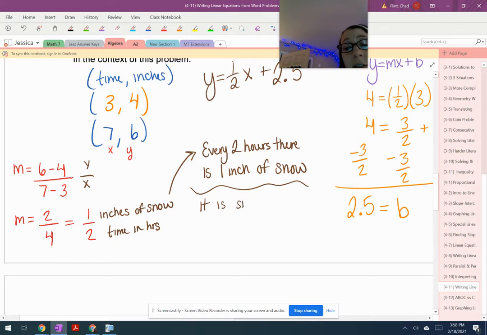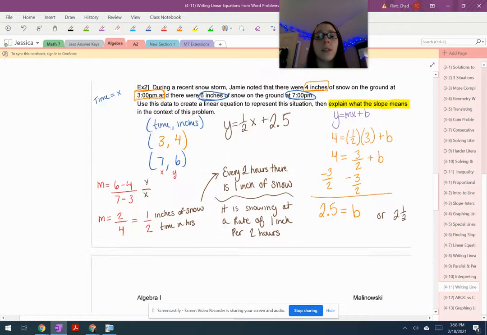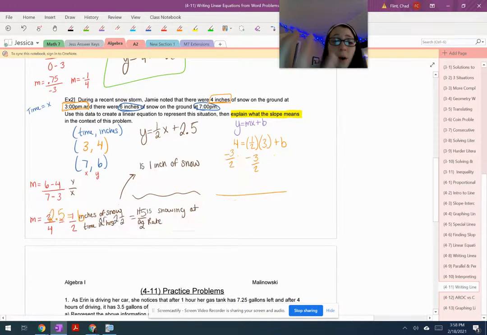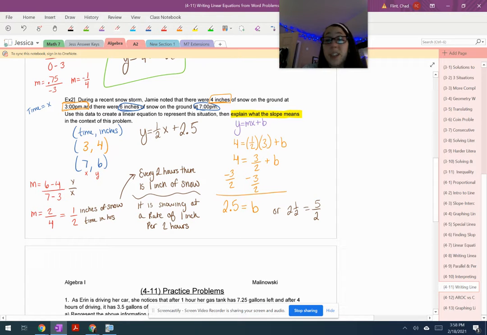It is snowing at a rate of 1 inch per 2 hours. Something like that, where you're just using exactly what the problem was telling you, what the X and the Y were representing, and just putting it into a sentence. That's it, that's all.